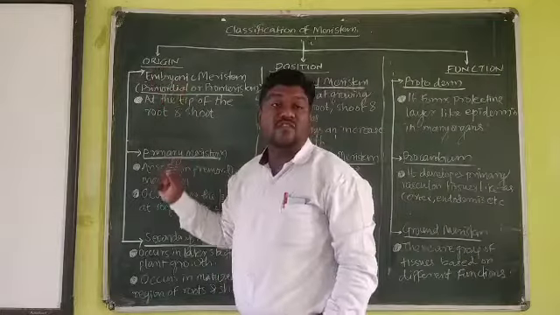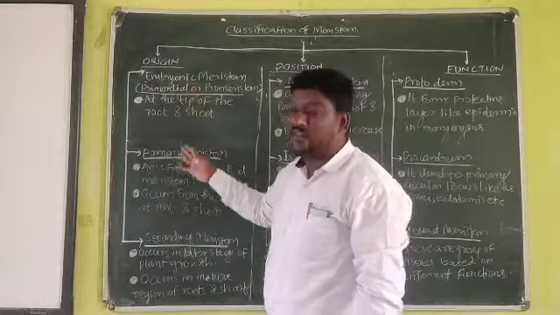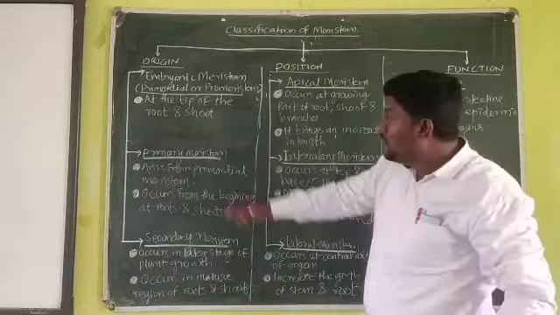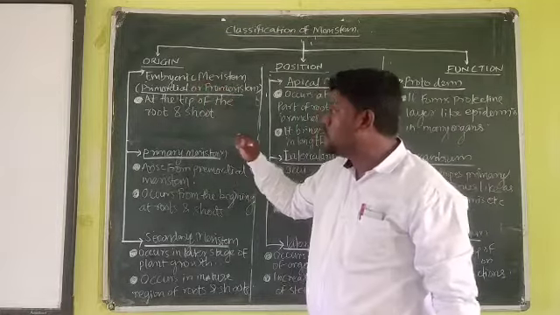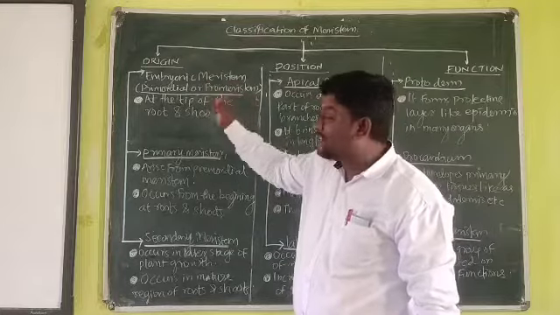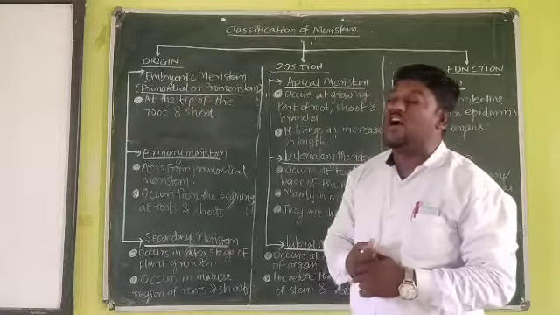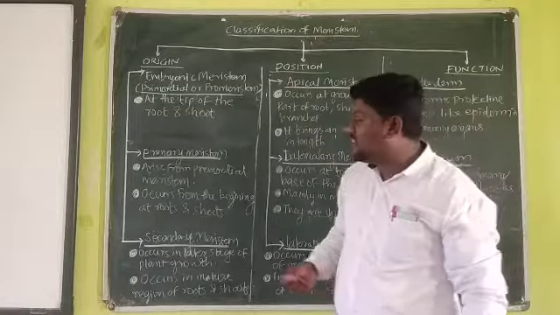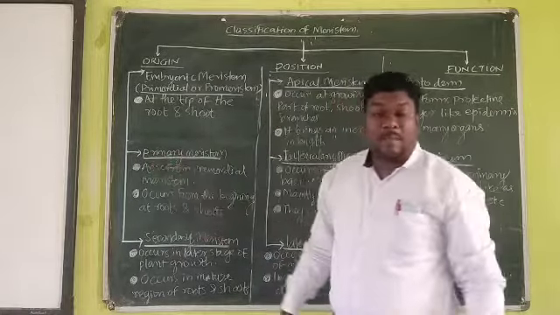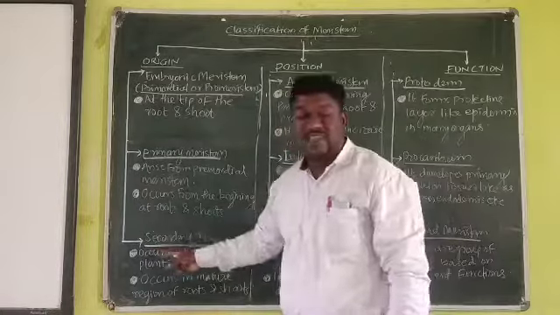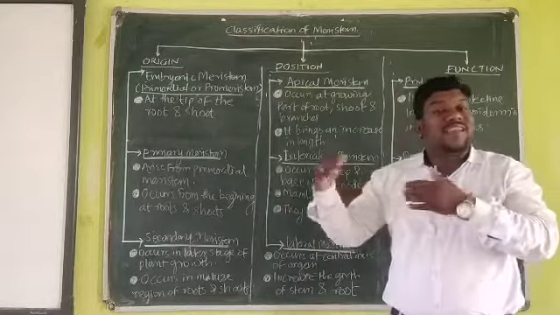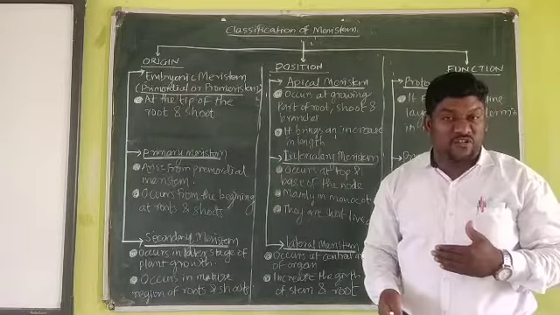Okay, on the basis of origin, further the meristem is classified into three parts. Okay, the embryonic meristem, or it is also called as primordial or proto-meristem. What? Embryonic meristem, primary meristem and secondary meristem. These are the three further categories of the origin.